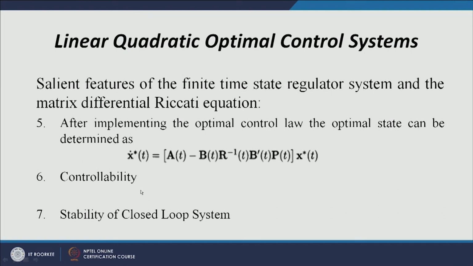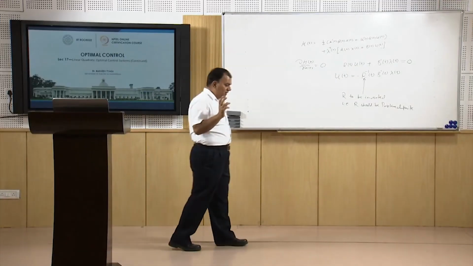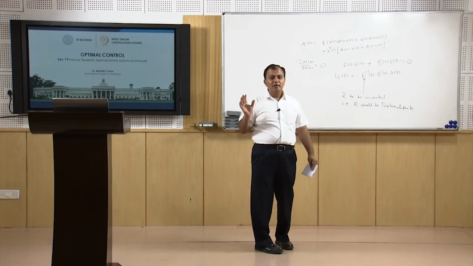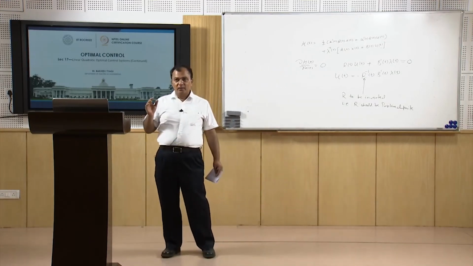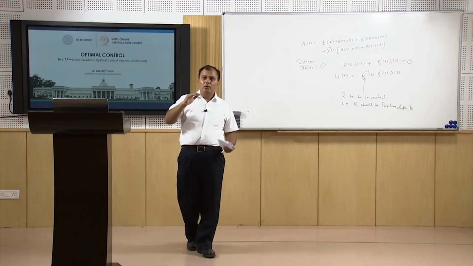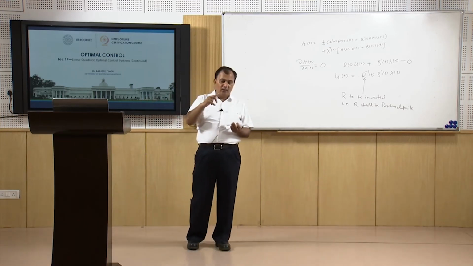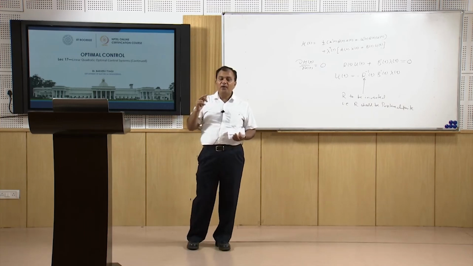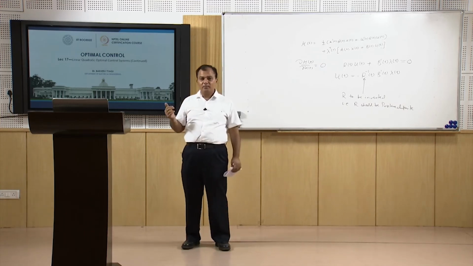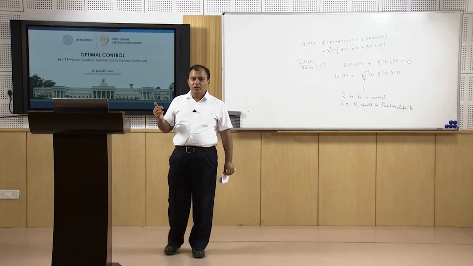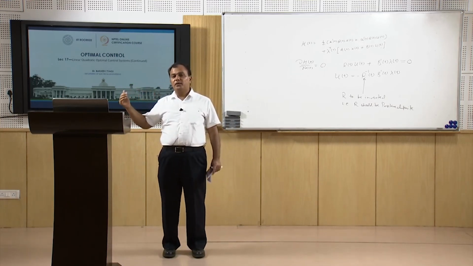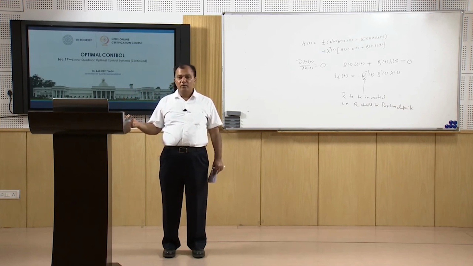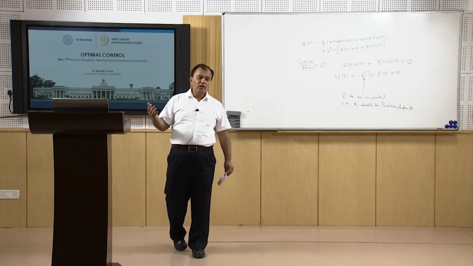Next point is the controllability. So, in a finite time regulator, do we really require my system to be controllable? The answer for this is no, because in a finite time, if I solve my system, I always get all values to be finite, whether it is the state or control.